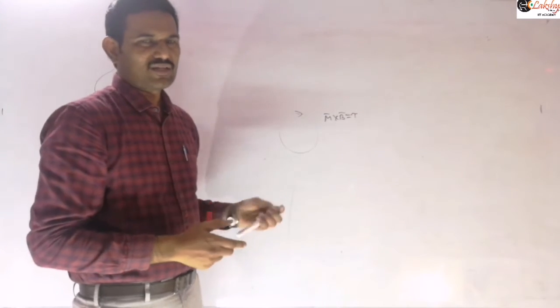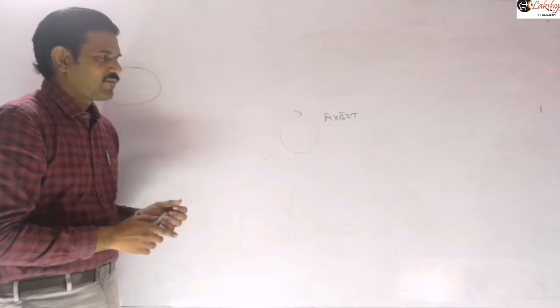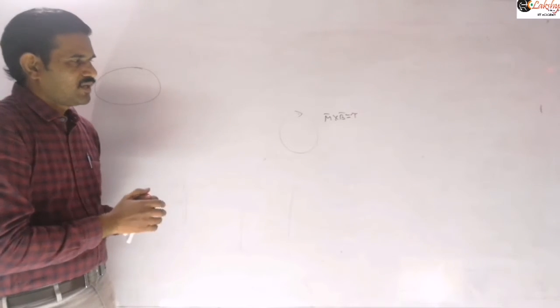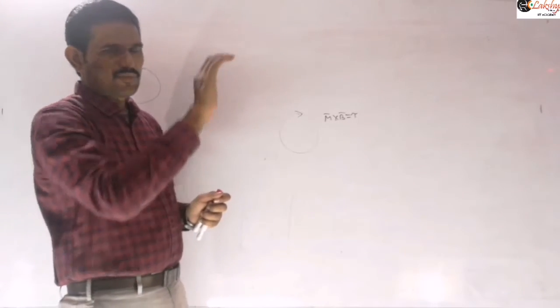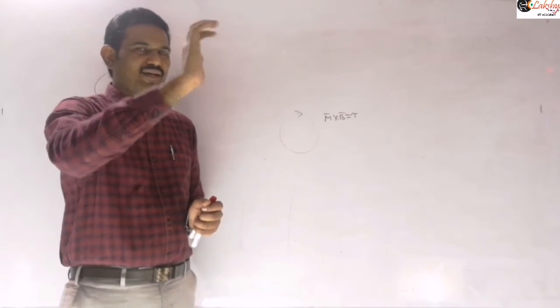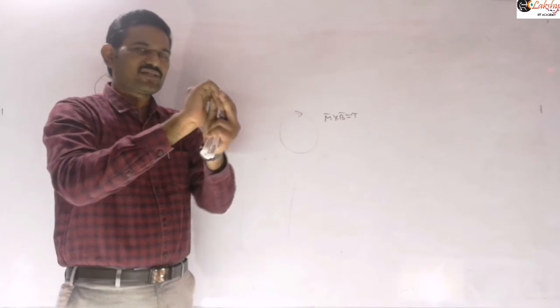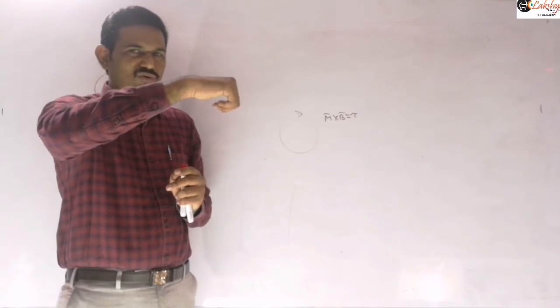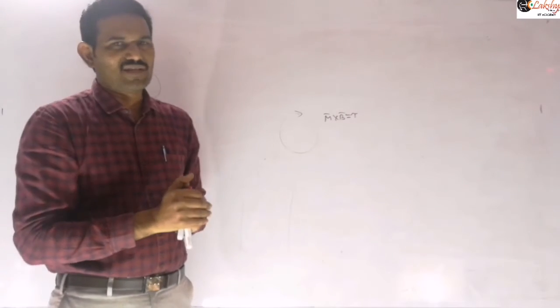M bar is always perpendicular to the plane of the coil. With the right hand thumb rule, if the four fingers represent the direction of the current in that closed loop, then the thumb gives the direction of M bar.